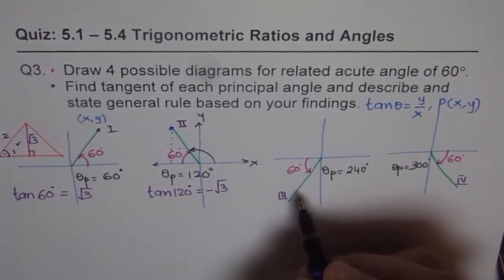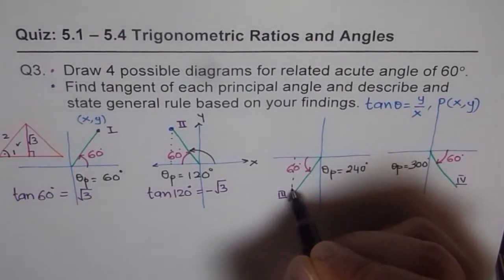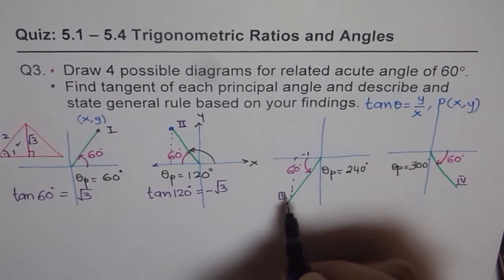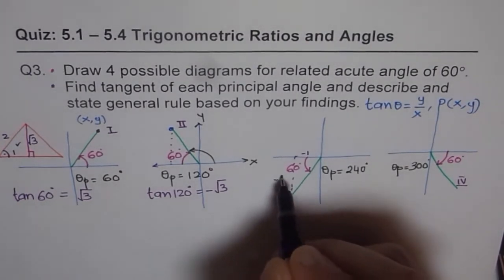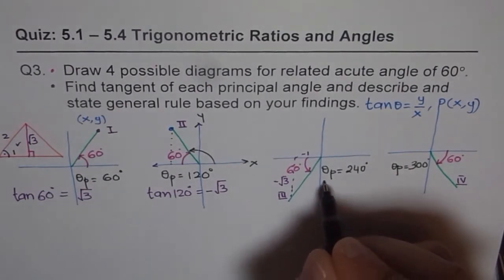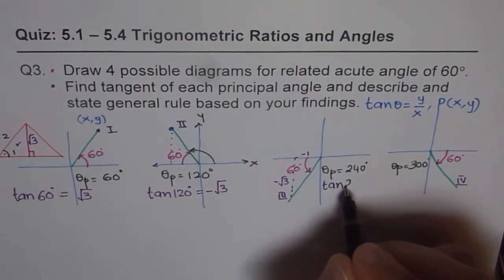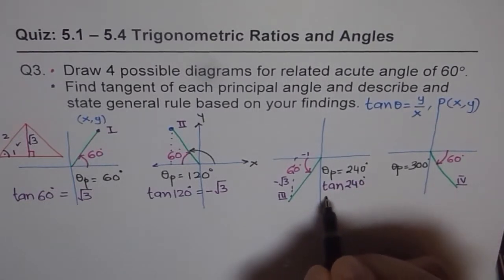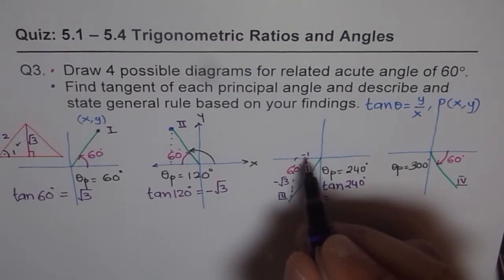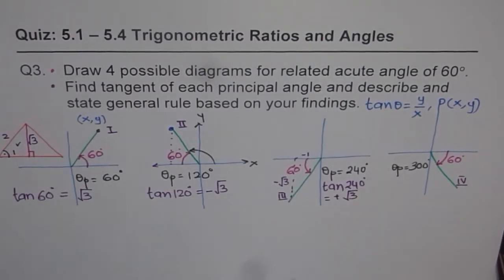Now if we come to quadrant 3, again if I drop a perpendicular here, my x value is negative 1 and this value is negative square root 3. If I take the ratio of these two, I get positive. So tan of 240 degrees is negative square root 3 divided by negative 1, which gives me positive square root 3.